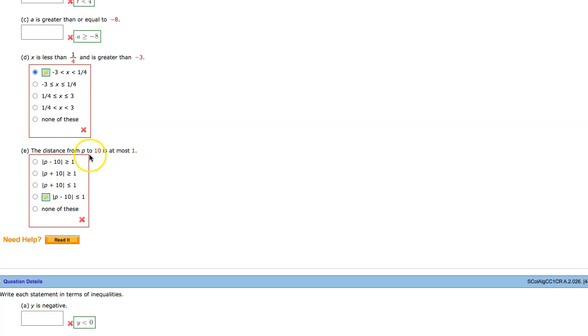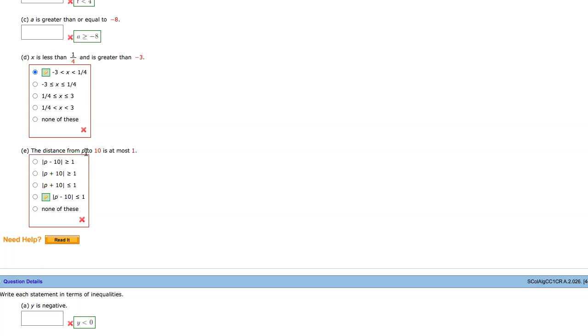Let's say one of you is standing at point P and another of you is standing at point 10. That's fine, but I don't want you to get further than 1 unit away from point 10. I want P to be either at 9 or 11 if it's one-dimensional.